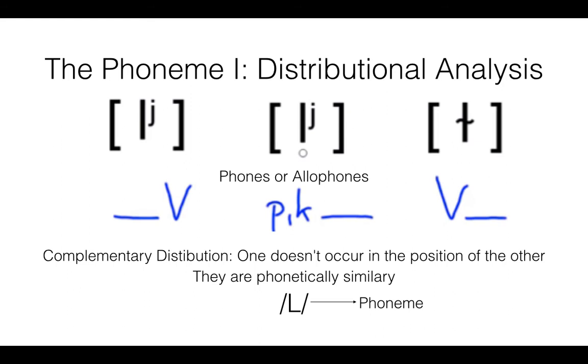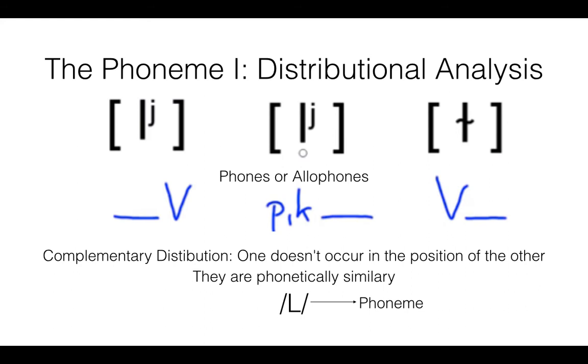Okay? So when you are analyzing language, when you are analyzing sounds, in order to conclude that you have one phoneme with different allophones of the same phoneme, you have to have this phonetic similarity and also complementary distribution. So you have this. Okay?